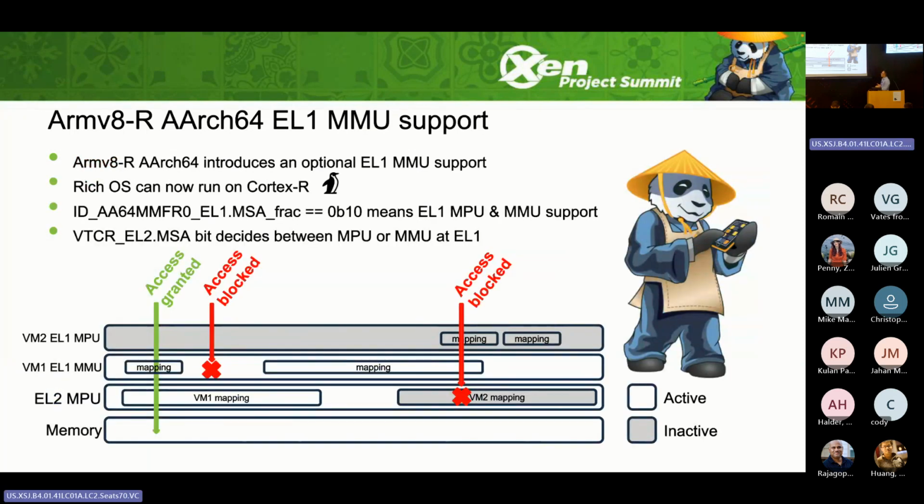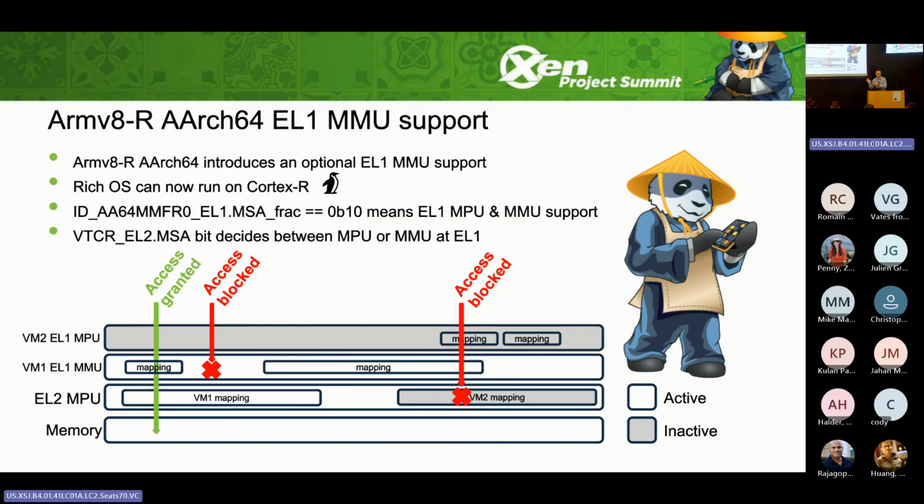So, EL1 MMU support. As I said, this is the first time we can run a rich operating system on top of a Cortex-R. This feature is optional, and it is advertised through this identification register.